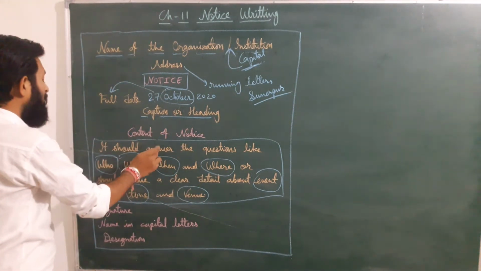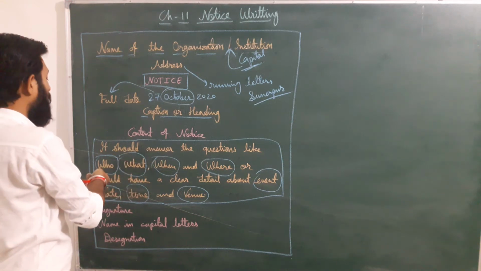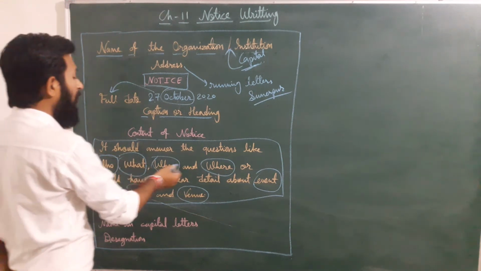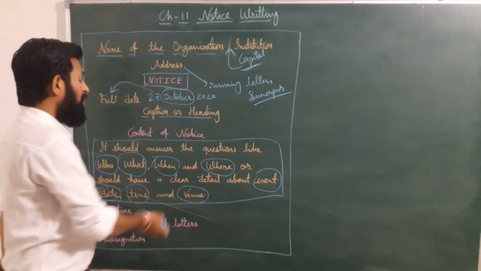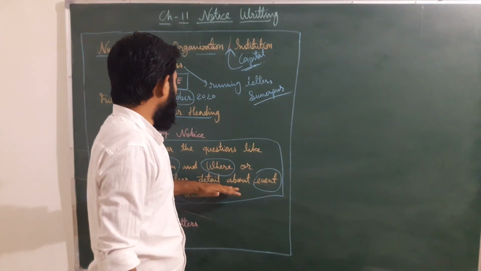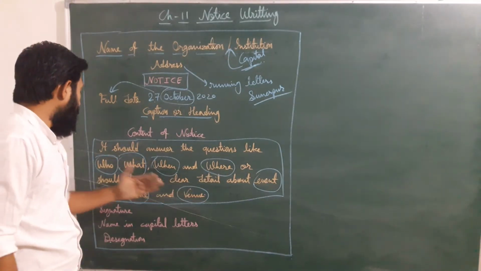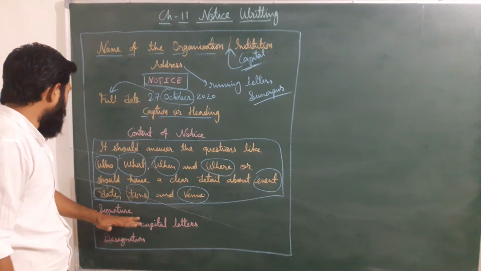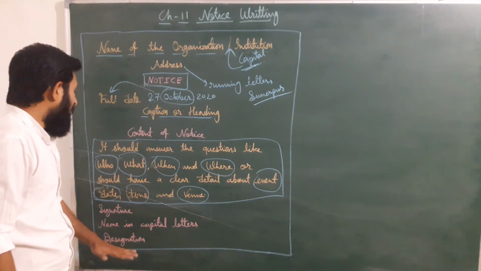After that, you write the content. In the content, you have to include answers to the questions who, what, when, where, and many things. In this notice content, you have to explain your details about the event, date, time and venue. Below that, you write the signature, name in capital letters and designation.